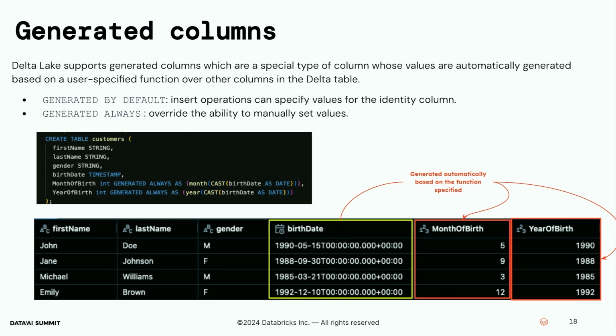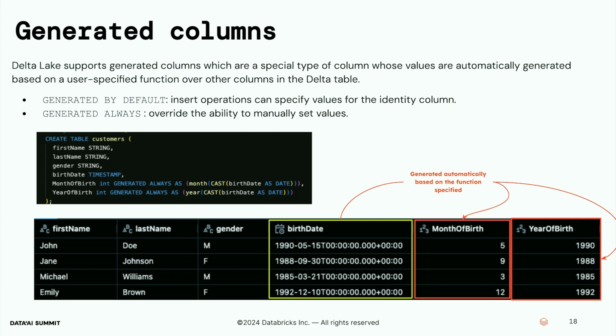And we have generated columns. And when this feature was first introduced, I was truly amazed. Why? Because it's a special type of column that can be computed by Delta using a specific function. In the example I'm doing here, I have a birth date, which is a timestamp, and then I'm adding two columns called month of birth and year of birth.